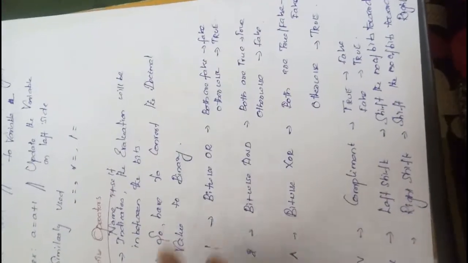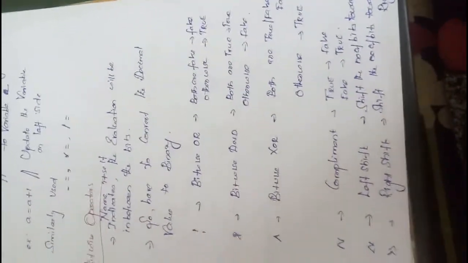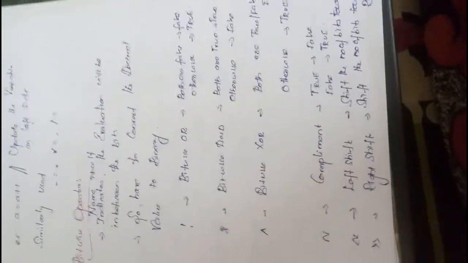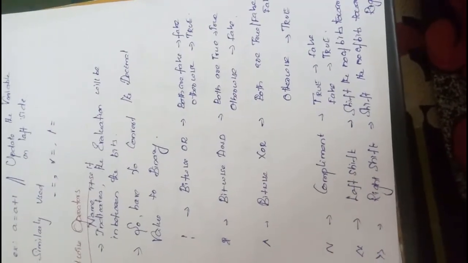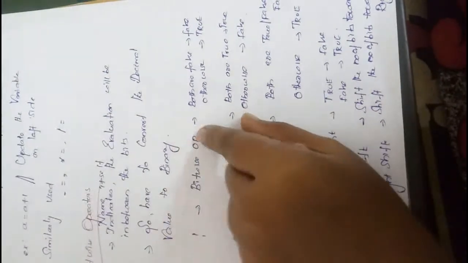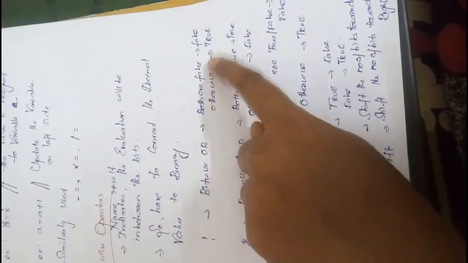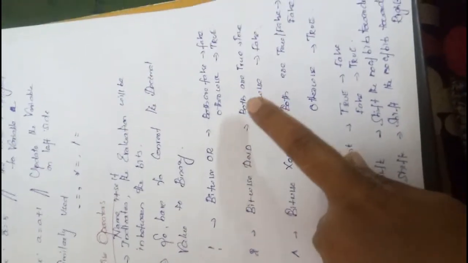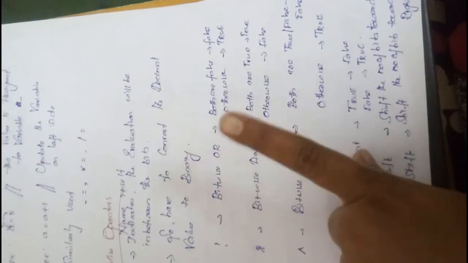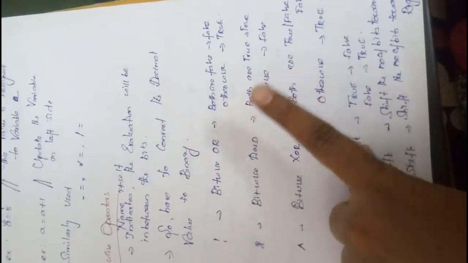So in order to perform these operations, we have to consider some conditions. In bitwise OR, if both the conditions are false, then the result will be false. Otherwise, it is true. In order to perform bitwise AND, we have to look at whether both are true. If both are true, then the result will be true. Otherwise, false.